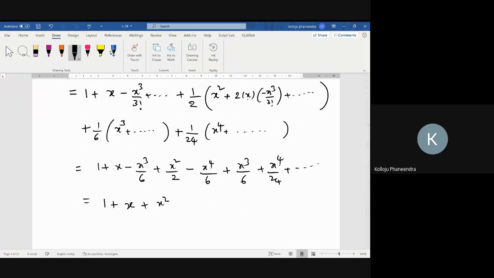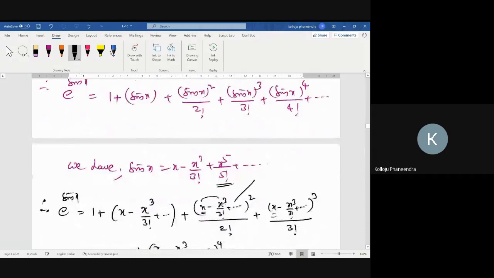Only x square is one term. Next, x cube terms: plus x cube minus x cube gets cancelled. X power 4 terms: minus 1 by 6, plus 1 by 24. So 6 fours are minus 4 plus 1, minus 3 by 24. Minus 3 by 24 means minus 1 by 8. So this is minus x power 4 by 8 and so on. This is the expansion of e power sin x. Both are same.